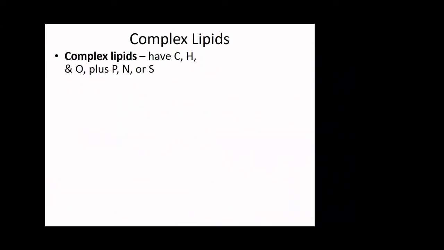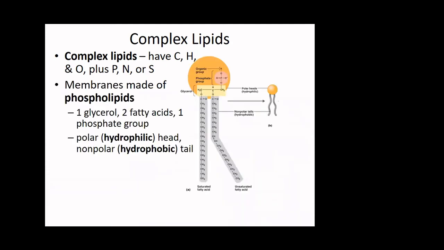Then we have our really complex lipids. They're, again, carbon, hydrogen, and oxygen, but they have either phosphorus or nitrogen or sulfur also attached to them. Our membranes are made up of phospholipids. This is probably the most relevant complex lipid for all of us. A phospholipid is our glycerol with two fatty acid chains and a big phosphate group on the top.